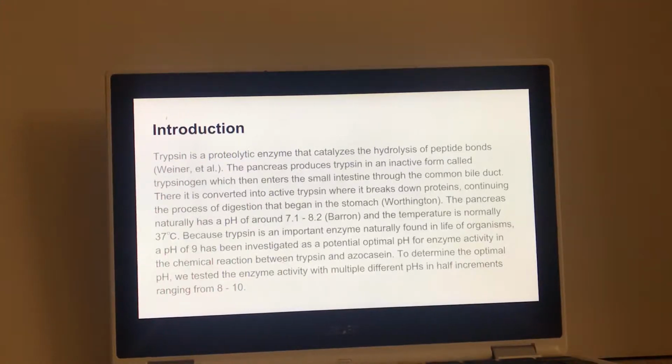To do that, we tested not only pH 8, 9, and 10, but we went in half increments: 8.5, 9, 9.5, and 10, to see if these half increments would help us get the optimal enzyme activity at 57 degrees Celsius. Our question was: how does pH level affect enzyme activity? This is what we were looking for.